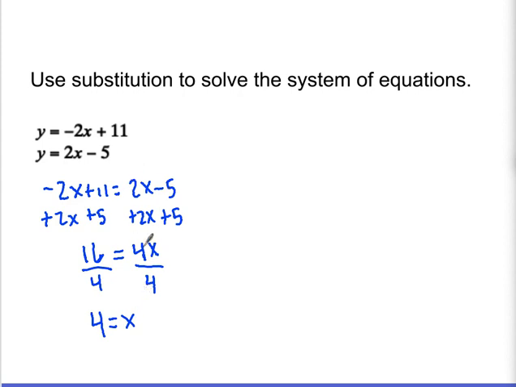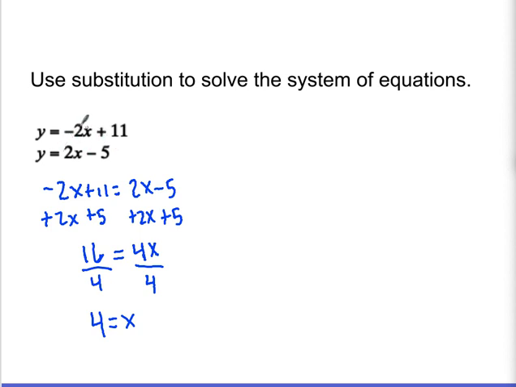If I had continued with 16 equals 2x, that throws my x value off, which means my y value is going to be wrong too. So it compounds your mistakes. If you make a mistake early on, then it throws everything off later. So try to do the math correctly.